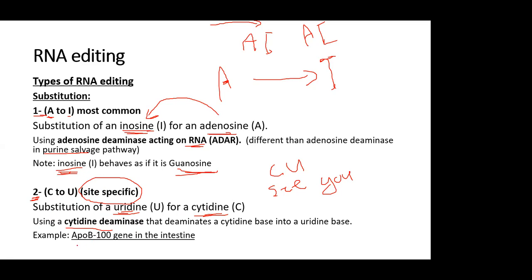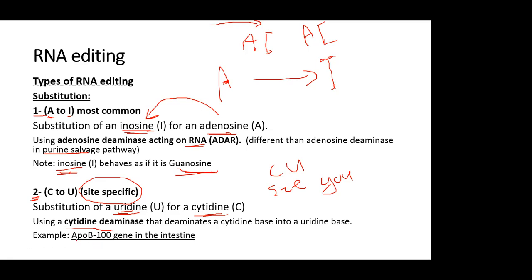An example of that, some proteins called the apoproteins. These proteins usually help in the transportation of different types of lipids like cholesterol, chylomicrons, and low density lipoproteins.